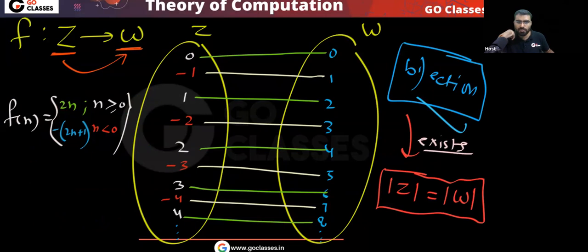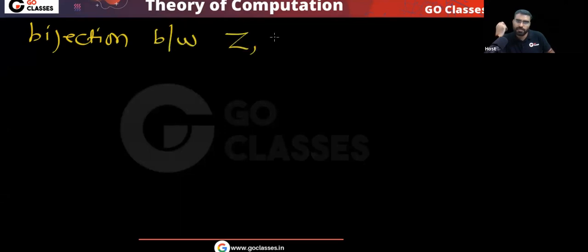I hope you understood. See, in future, if you want to give a bijection between W and Z, how will you give it? Very easily you can give it like this.